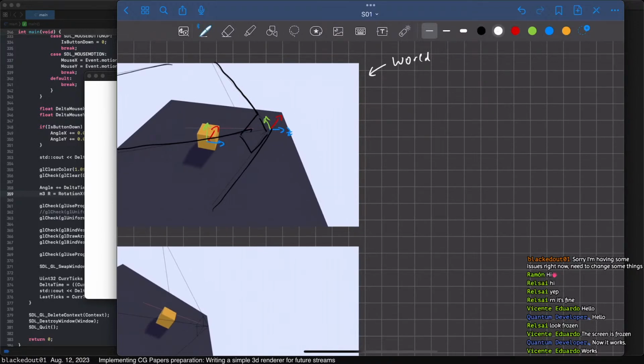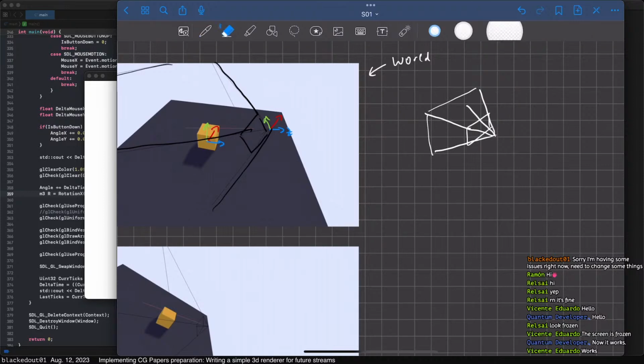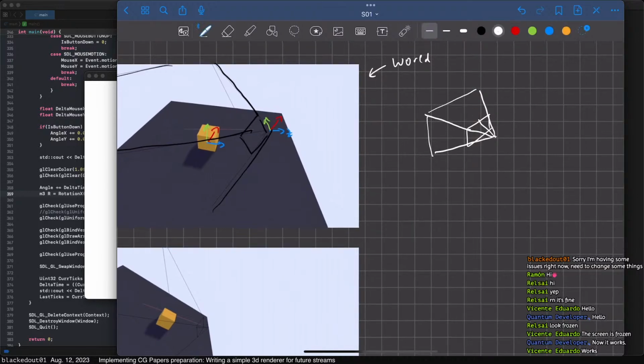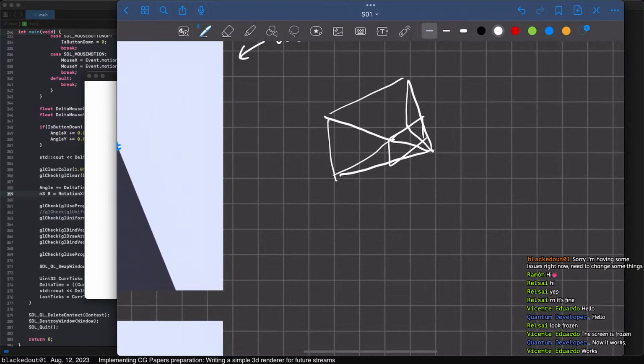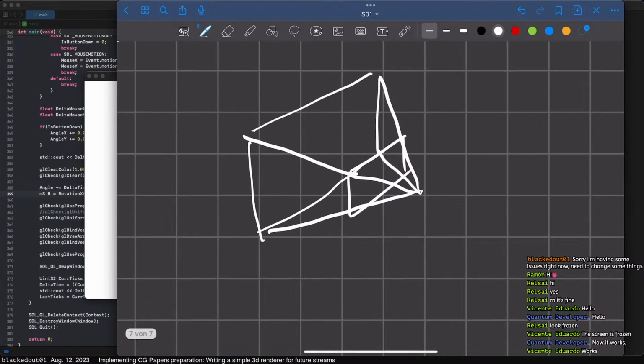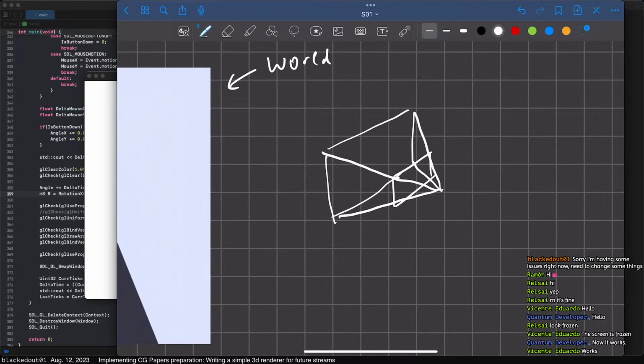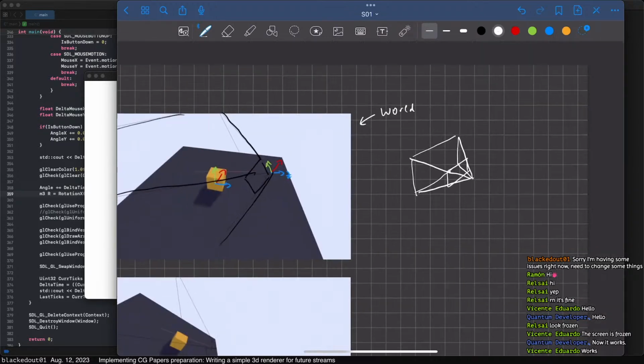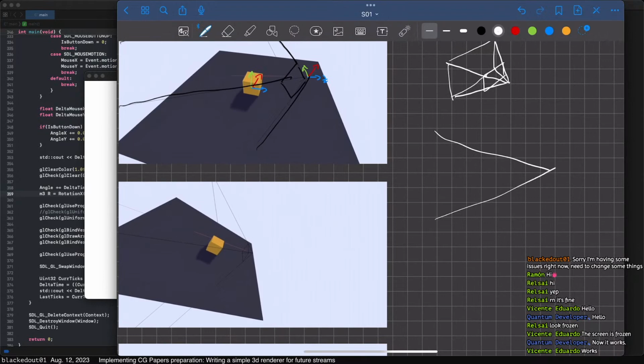Maybe I can draw this out here. I'm not sure if you can imagine what I just drew here, but it's basically like a cone, but you define it to be cut off, as we can see here.